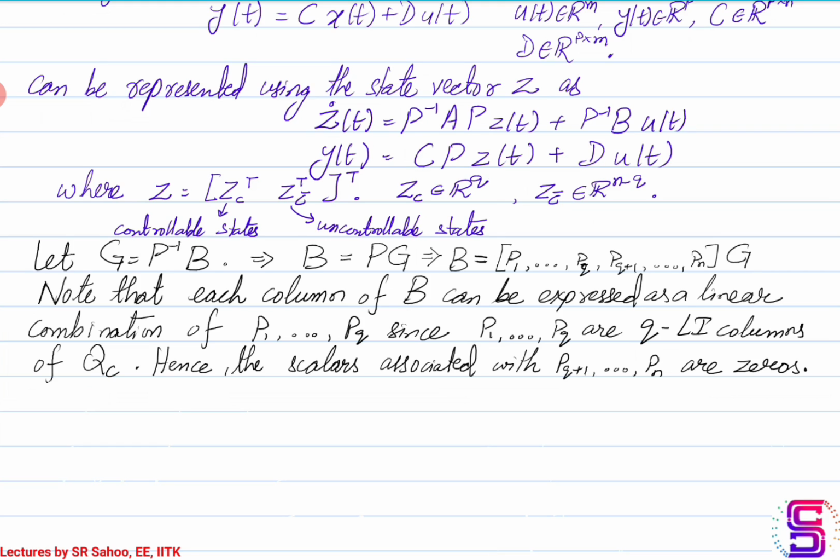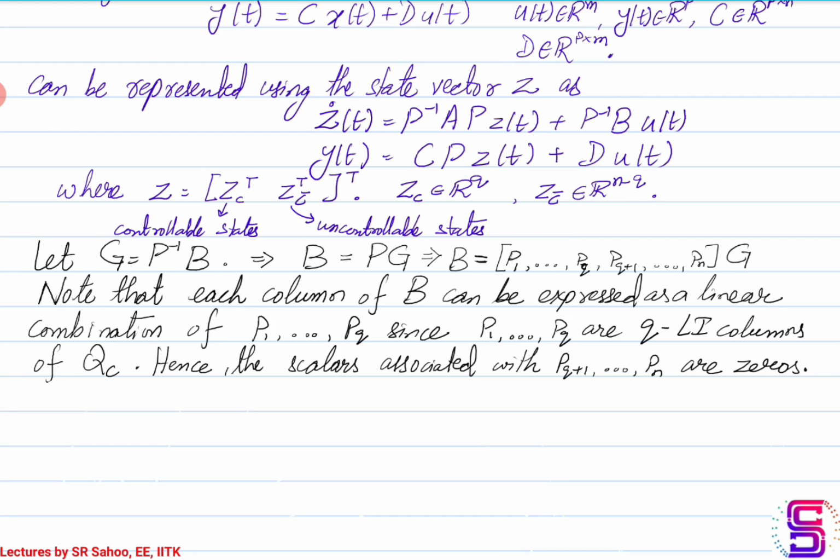Now note that the columns of B are essentially the columns of the controllability matrix QC, by construction, which means that each column of B can be represented as a linear combination of the q linearly independent columns in QC, which in our case we have chosen to be P1 till Pq.